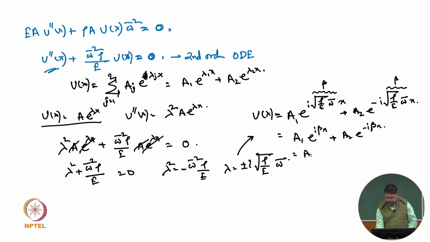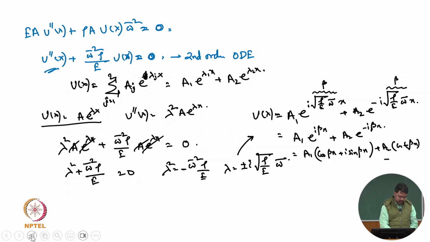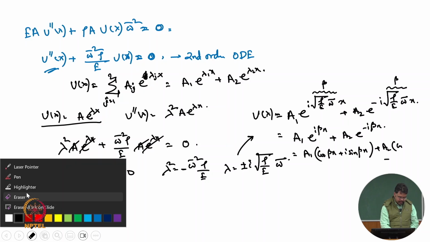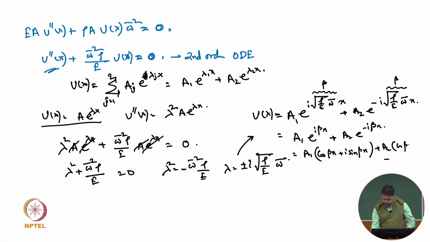Then next thing, a1 times cos beta x plus i sin beta x plus a2 times cos of minus beta x, that is exactly correct, that is cos beta x minus i sin beta x.